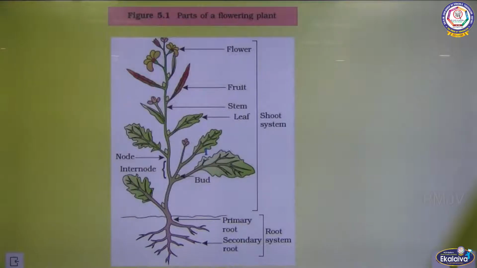The shoot system has branches supported by leaves, the bud, the flower and the fruit. The point on the stem axis from which branches or leaves arise is called a node, and the successive distance between the nodes is called an internode.